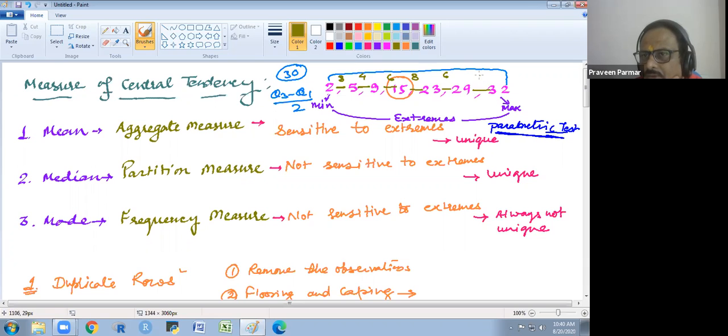And 32 minus 29, it is 3. Now we add these all and divide by the number of these differences that we have: 1, 2, 3, 4, 5, 6. So we add these all and divide by 6. Understand? This is the average scatterness of the data.